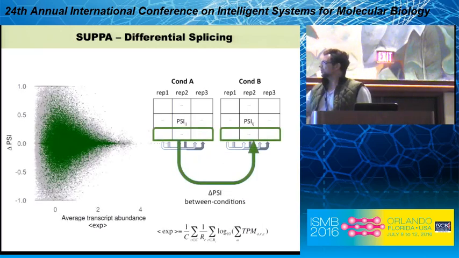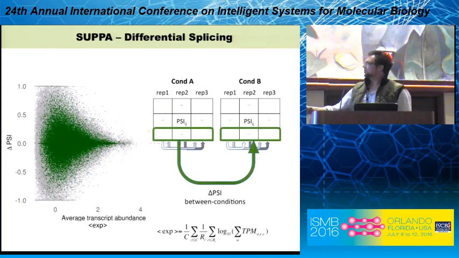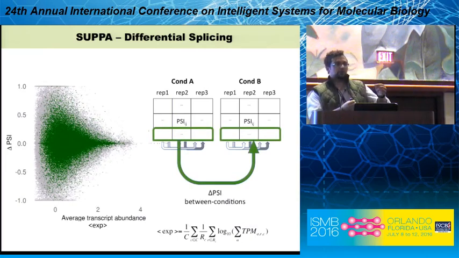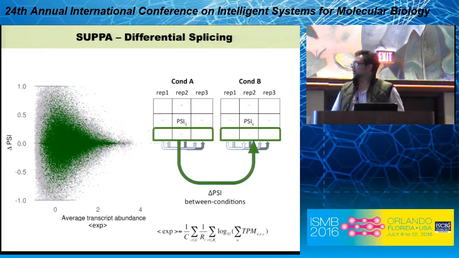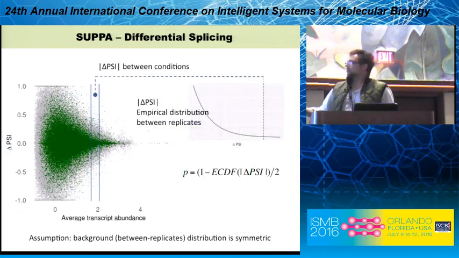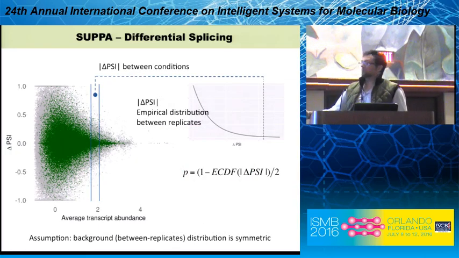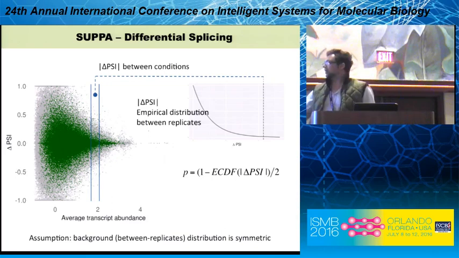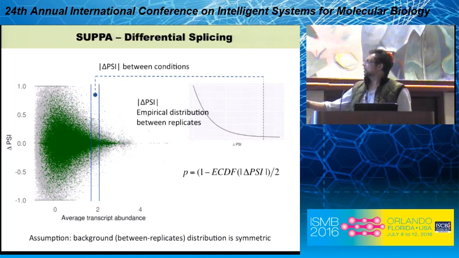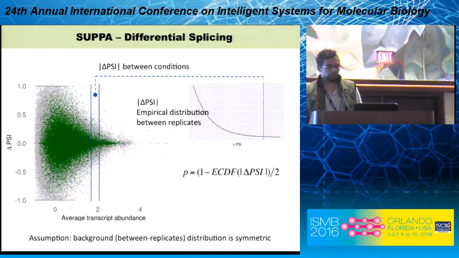If you do the same thing between conditions, then you see that there is also a dispersion in the actual differences that you see between the two conditions. So SUPPA for differential splicing does a very simple empirical test, which basically takes, for a given observation, the background distribution around that expression level, and then compares the observation with the empirical distribution of the background.